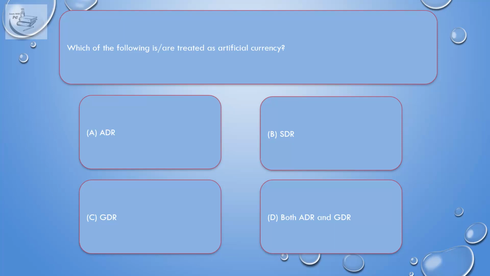Question: which of the following are treated as artificial currency? A. ADR. B. SDR. C. GDR. D. Both ADR and GDR. Correct answer is B. SDR.